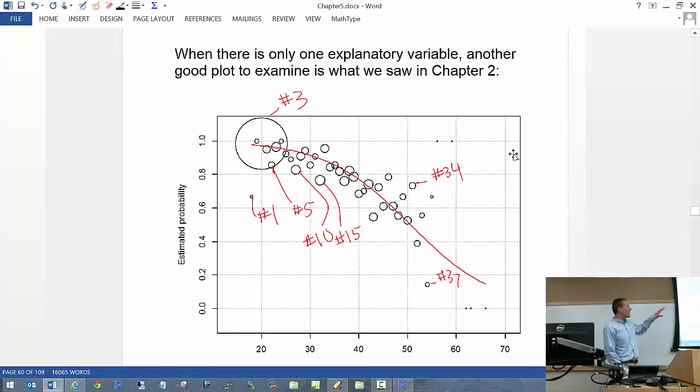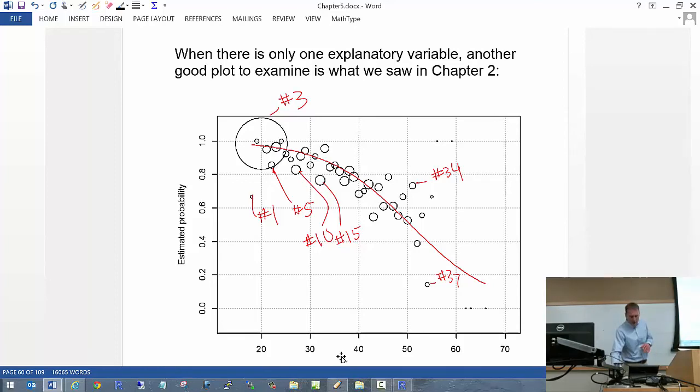And to counteract observation 3 having so many more trials than all the other observations, we basically rescaled the number of trials. It was a vector of information, and we rescaled it. Maybe we used a log transformation. I don't remember exactly which transformation we used, but we rescaled it.